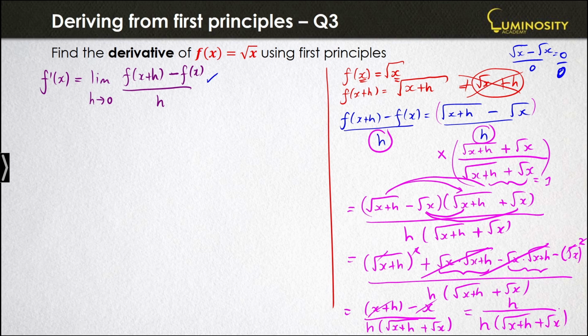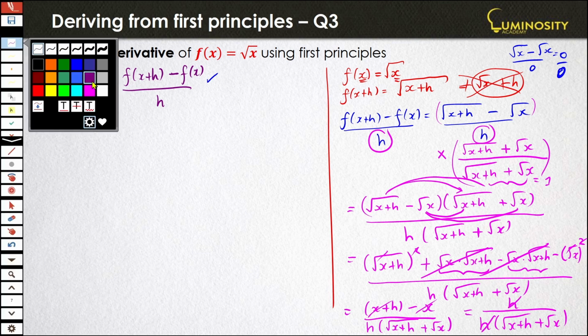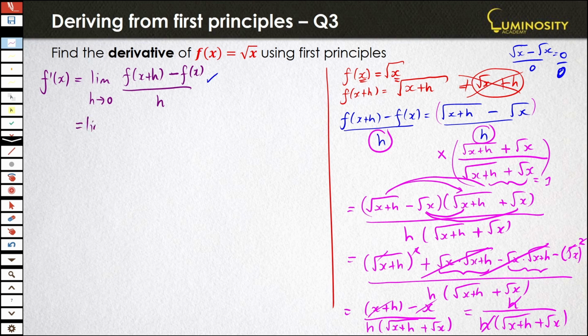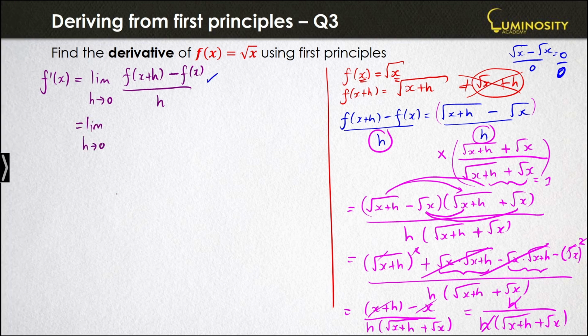Lots of algebraic gymnastics. Make sure that as you go from one step to the other, it is making logical and algebraic sense. Now, because everything's multiplication, the h's will divide, and the entire expression you're left with is the limit as h approaches 0 of 1 over the square root of x plus h plus the square root of x.